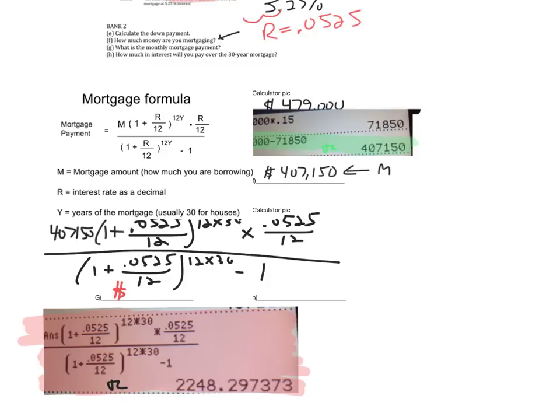So here, Bank 2, the monthly payment, not including taxes, is $2,248.30.